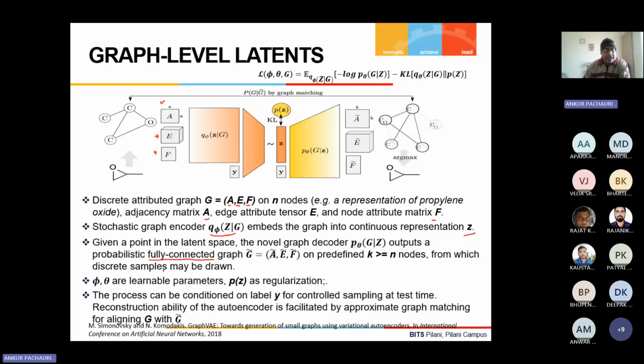A fully connected graph, whatever it may be, with A, E, and F on a predefined k, which is greater than or equal to n nodes, for which the discrete sample may be drawn.